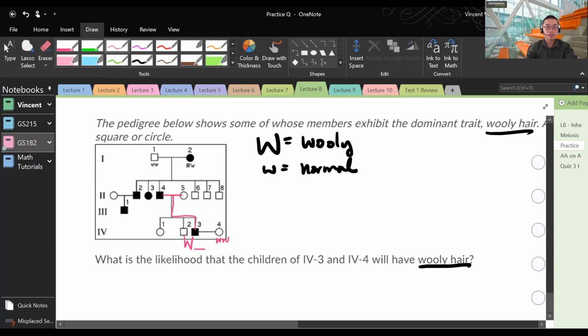The mother does not have the woolly hair, so she is small w, small w. So we know this guy must be heterozygous because the little w came from the mother, right? Now that we have the genotype of these two people, we can go ahead and do the Punnett square.